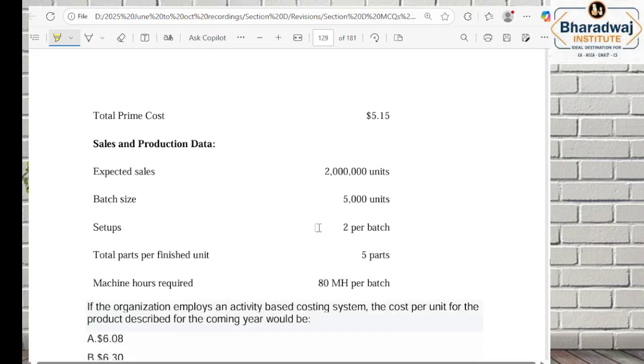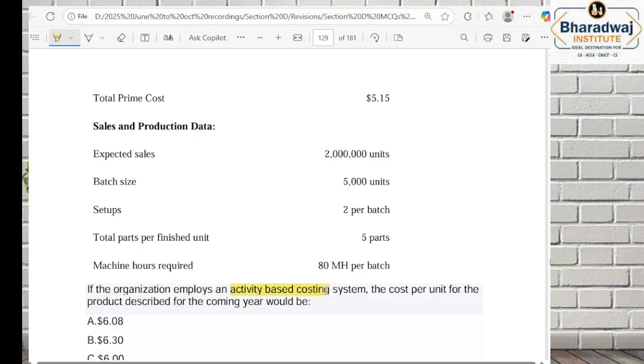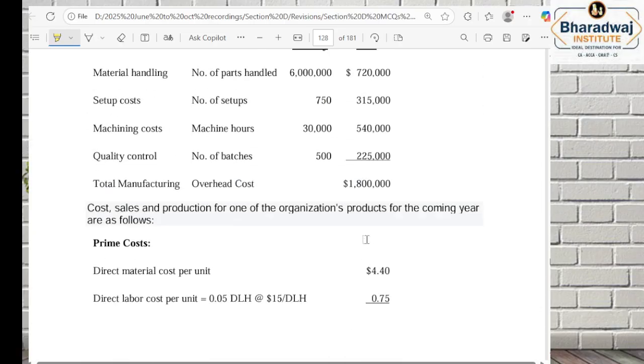Same question, but now they are going by the activity based costing system.